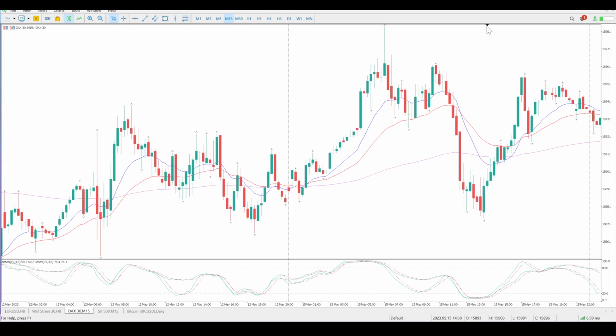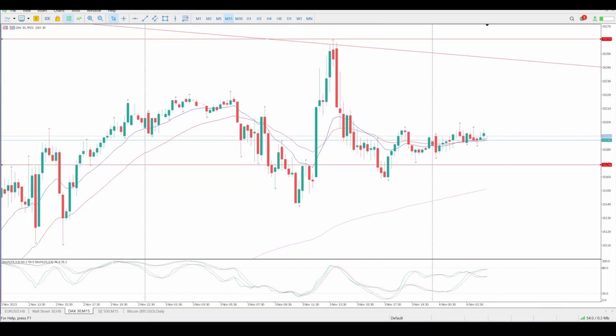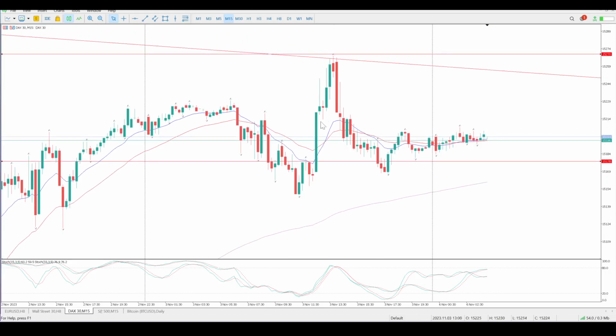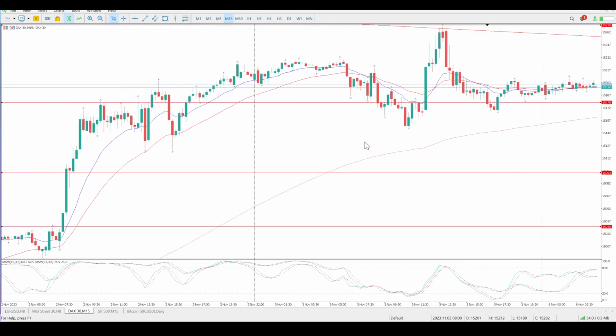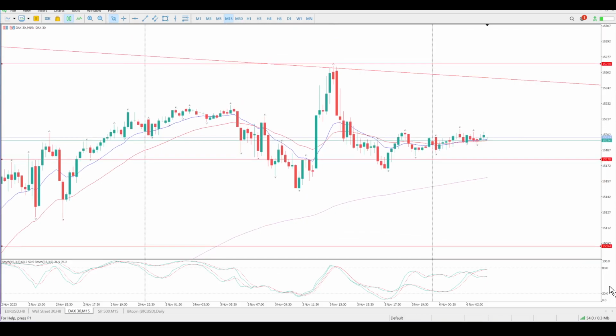I think the S&P is probably a lot stronger to trade today than this is, because you definitely don't want to be caught in this kind of big up, big down nonsense that's in play at the moment. So I'm going to sit on my hands here. I don't really want to be long, just looking at the price action, but I also don't want to be short because we are in this strong uptrend. So I'd rather wait for confirmation for one of the directions before looking at this.